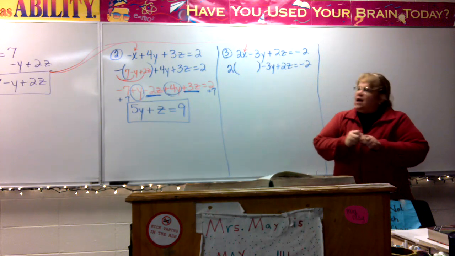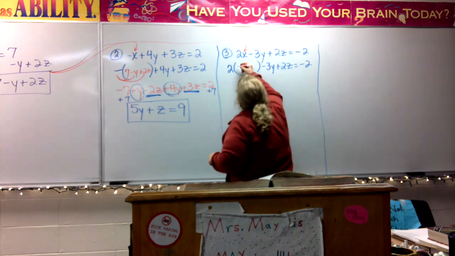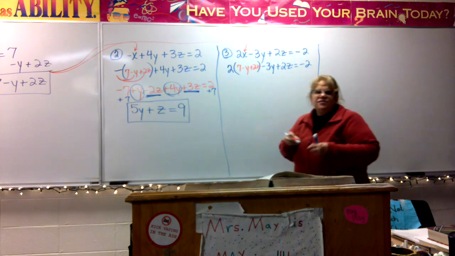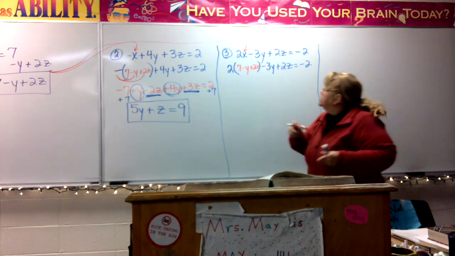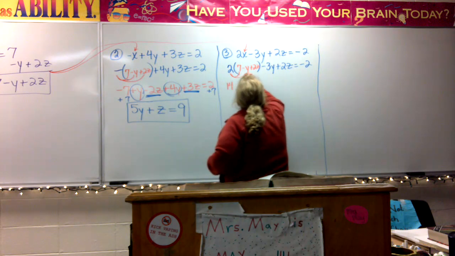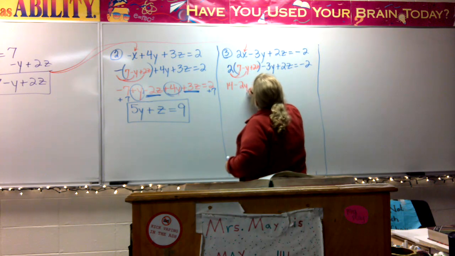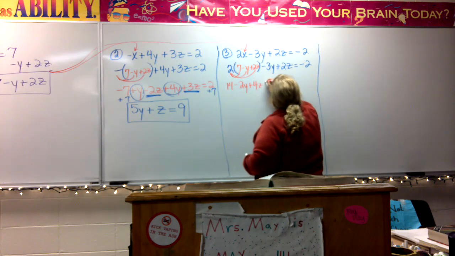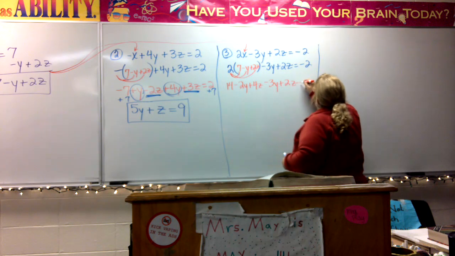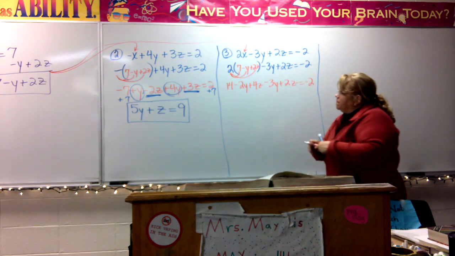But what's our value for x? 7 minus y plus 2z. Right. So then we're going to multiply it out. 14 minus 2y plus 4z minus 3y plus 2z equals -2.